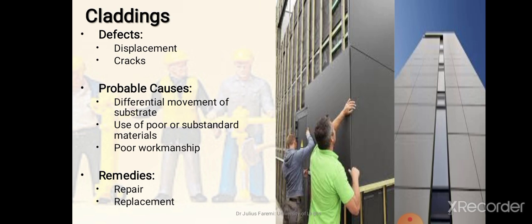The likely causes or probable causes of these defects could be differential movement of the substrates or the cladding frames. It could be the use of poor or substandard materials during the construction of the cladding system, and it could be poor workmanship in the course of the cladding construction or installation.